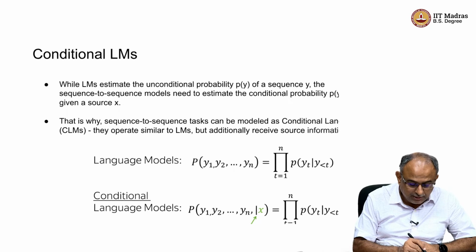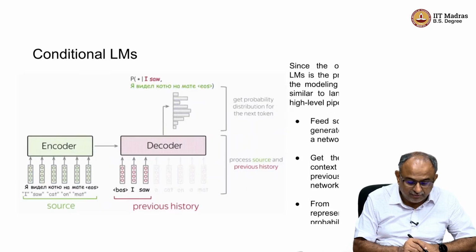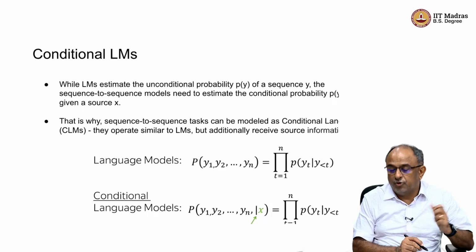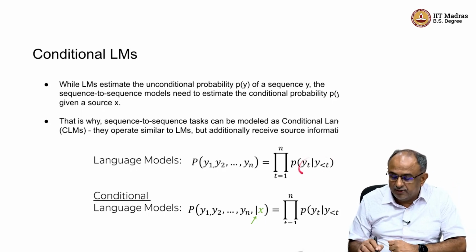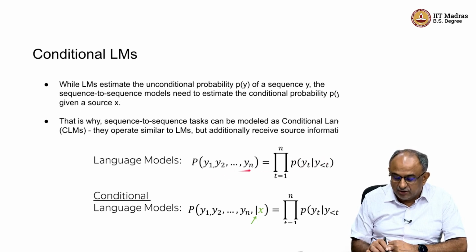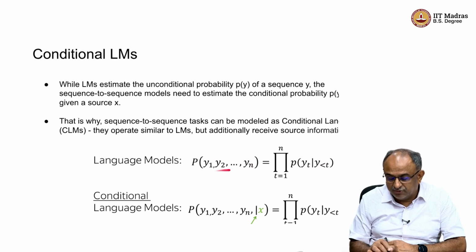Language models I am not going to go into, as we already dealt with them in great detail, both the neural part and the n-gram language model. Given some previous context, like the previous 3 or 4 words, can I predict the 5th word, and you can write the probability of the sentence.